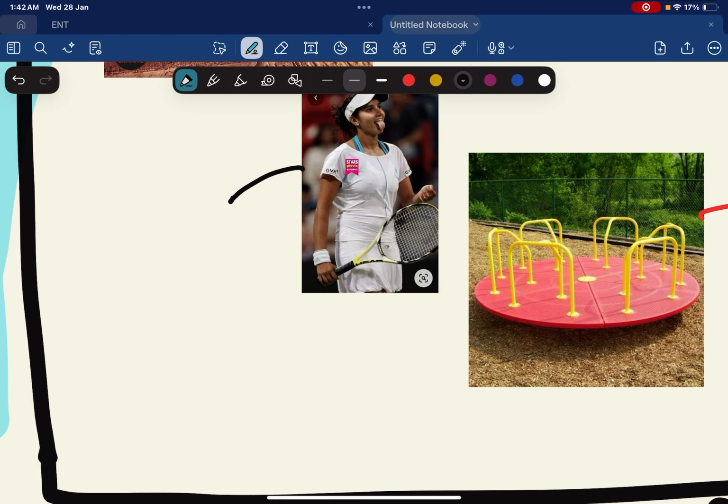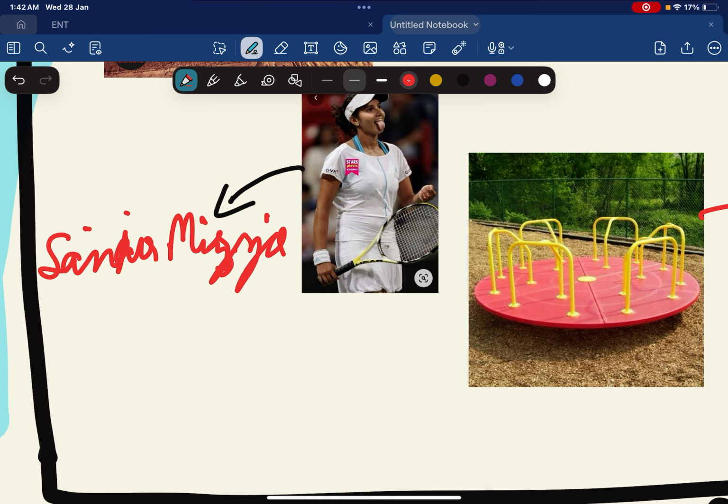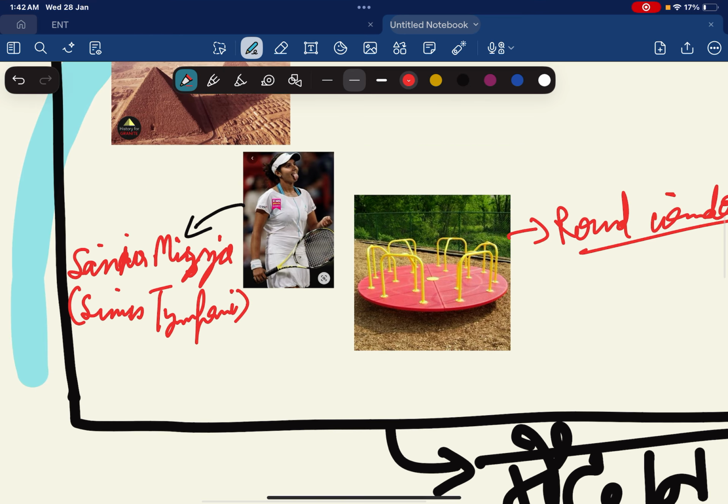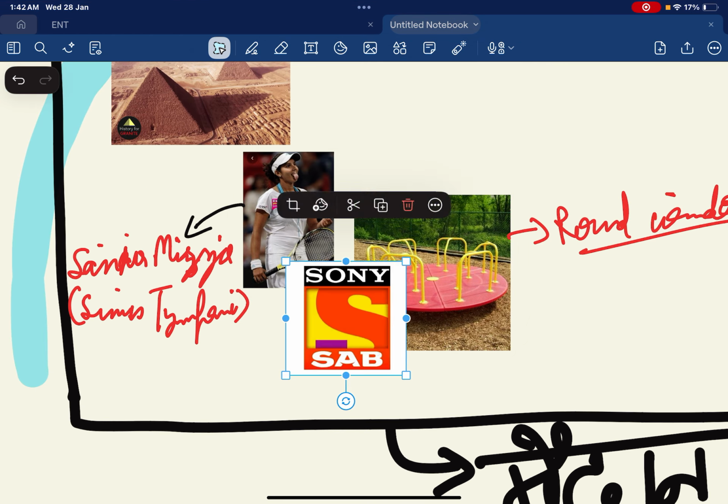Let me write it like this: Sania Mirza as sinus tympani, and she's playing tennis, and the tennis match is being broadcast on Sub TV.